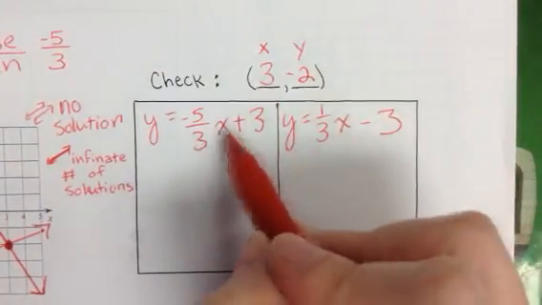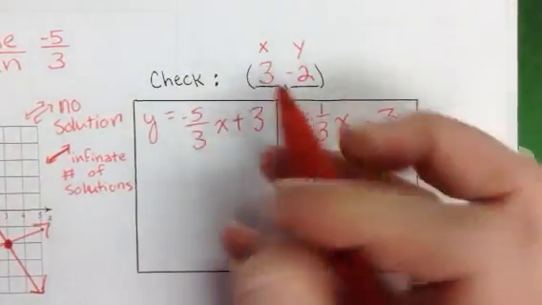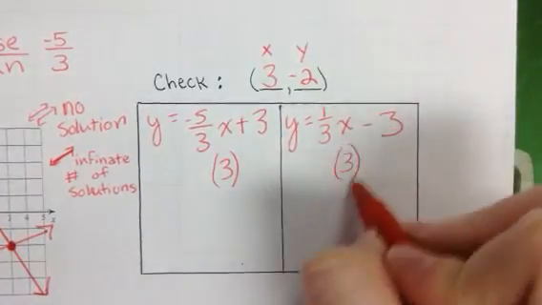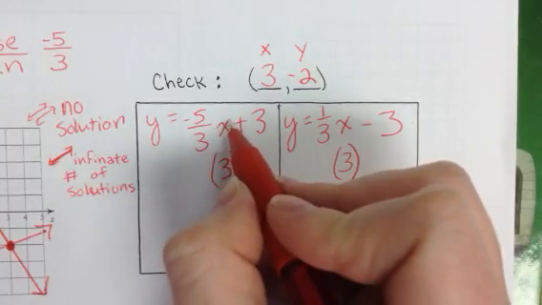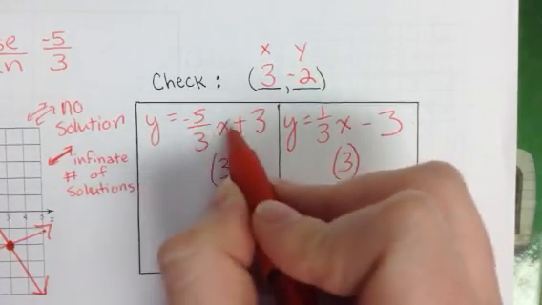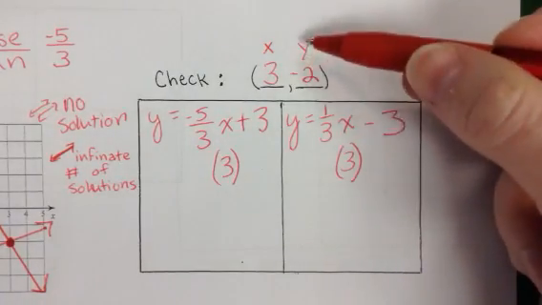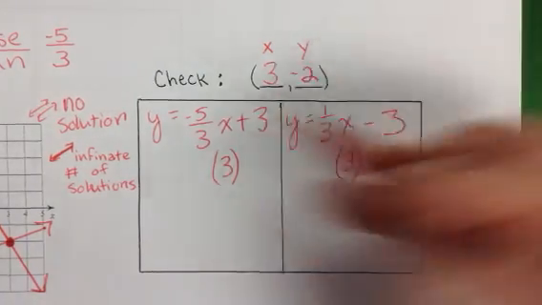So underneath my X in both of these, I'm going to fill in a 3. I'm going to put it in parentheses so it's not running into this other number, and it will show that it's multiplying. Underneath my Y in both equations, I'm putting a -2.